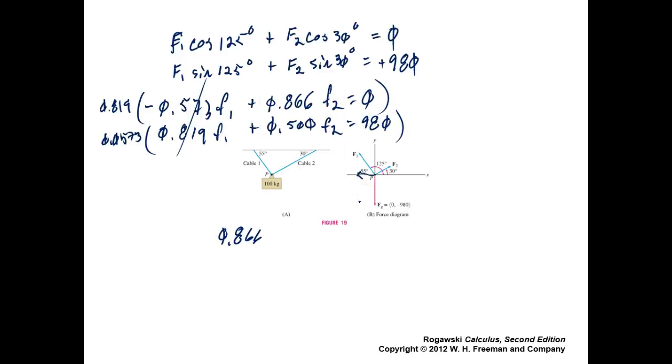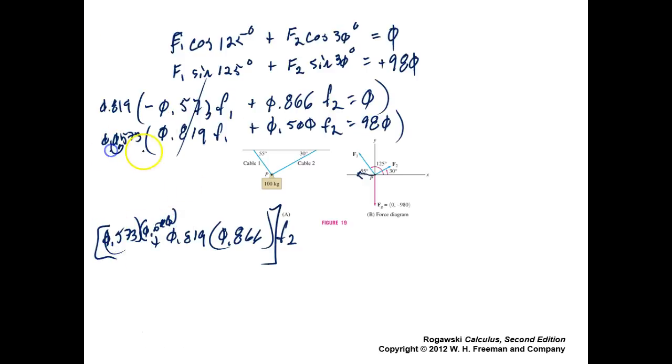Okay, sorry, times 0.819, times F2, that's that sum, plus, I'm going to do this one, 0.573 times 0.500.